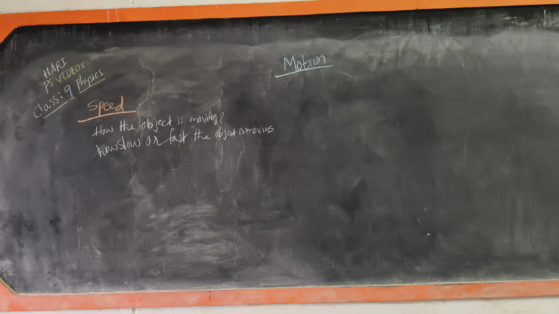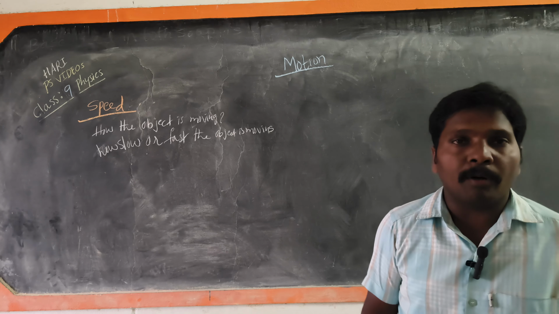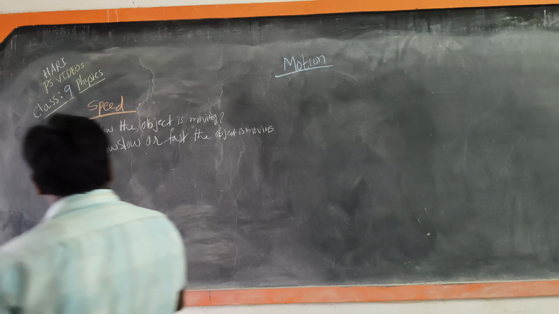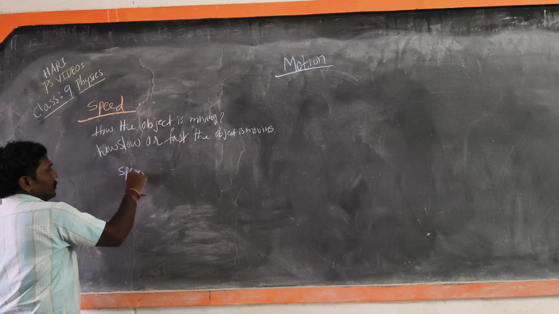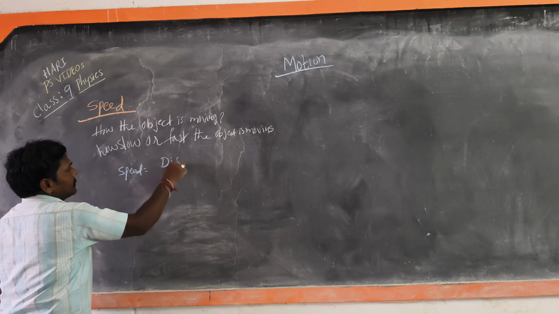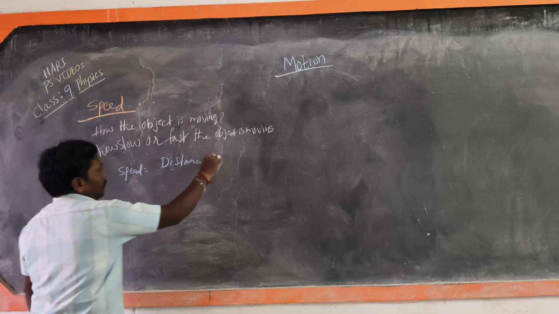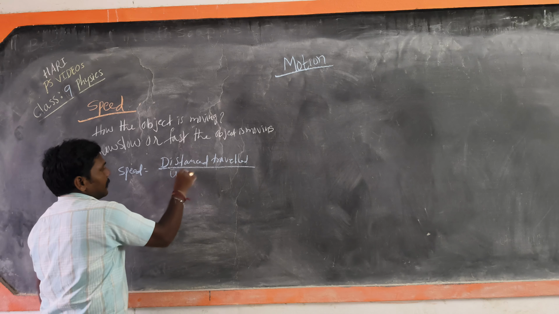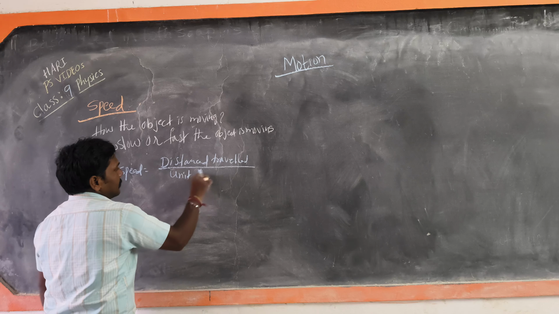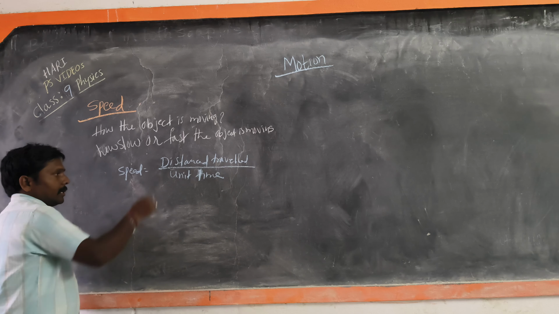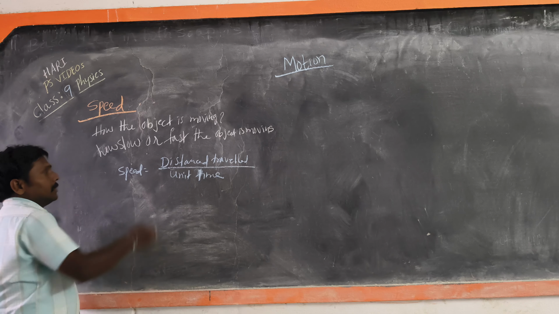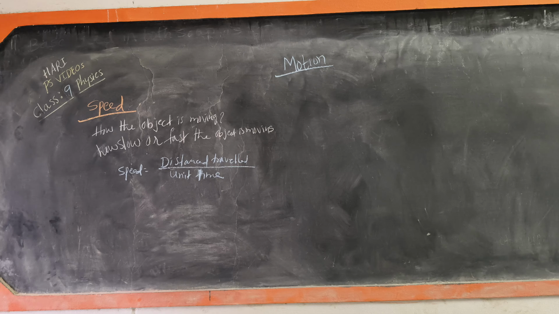So speed is equal to distance traveled per unit time. In a given time, or in 1 second, for example, how much distance is traveled, we can say that to be the speed of an object.